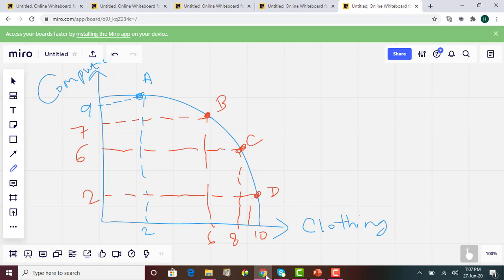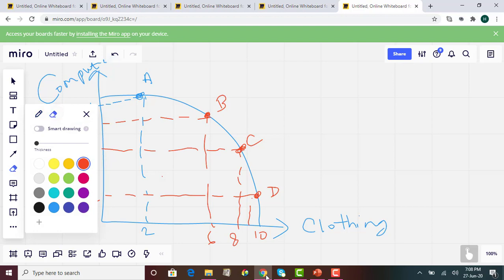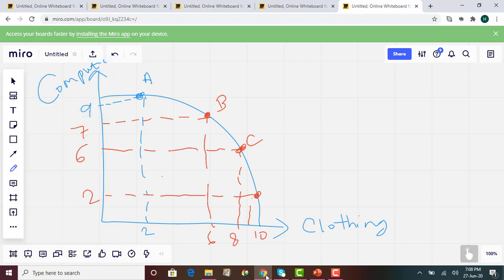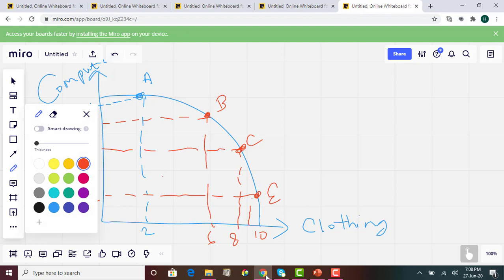Okay, and let's say we have another point. Actually, I'm sorry, let me label this as point E, so you can relate it to the slide we are doing. No, sorry, give me a second, let me fix this, because I don't want you to be confused.